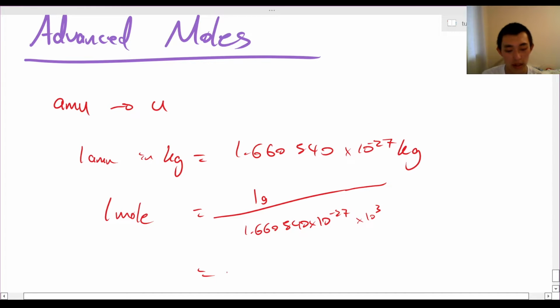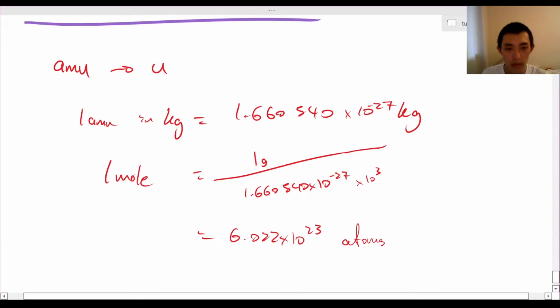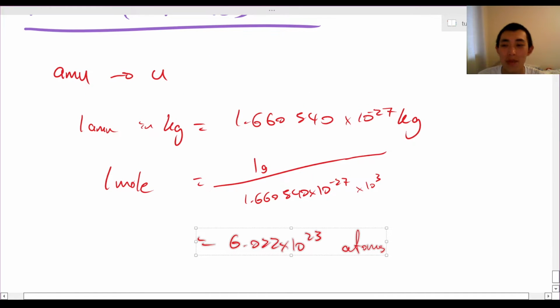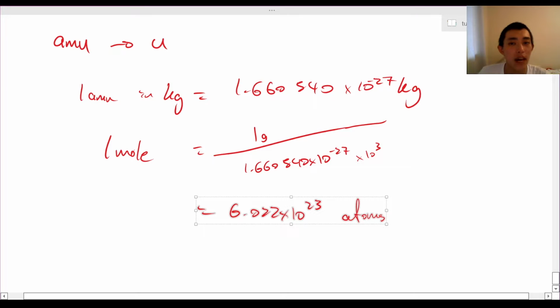If you do that, you will get 6.022 times 10 to the power of 23 atoms. So you can see that this is how we derived the mole. No one actually sat there and counted it all. So that is how we got the mole.